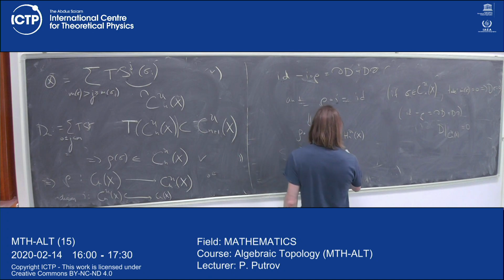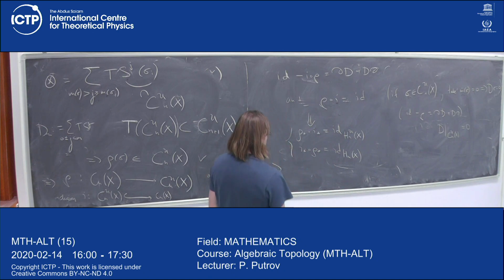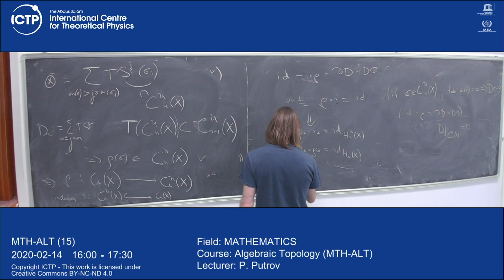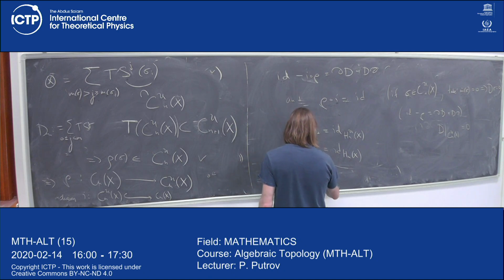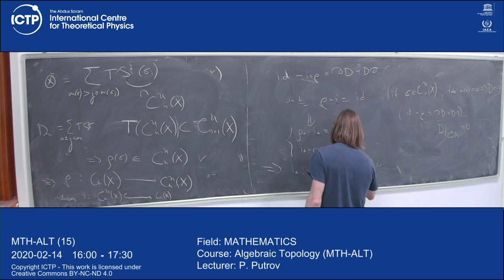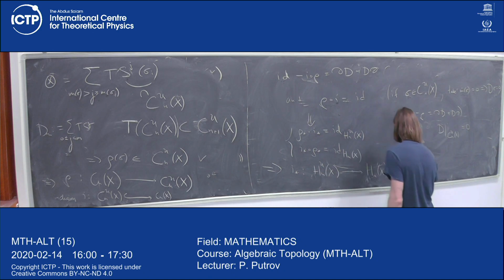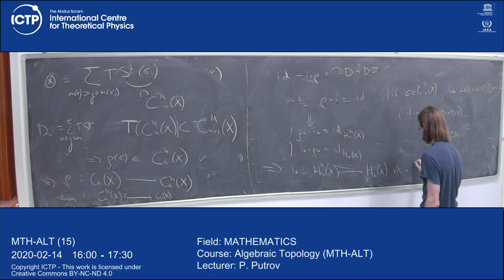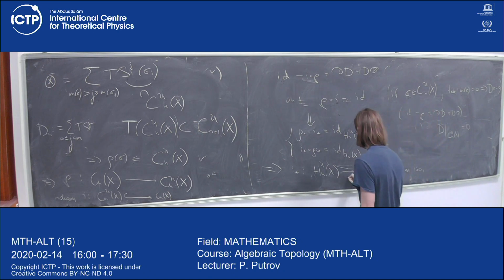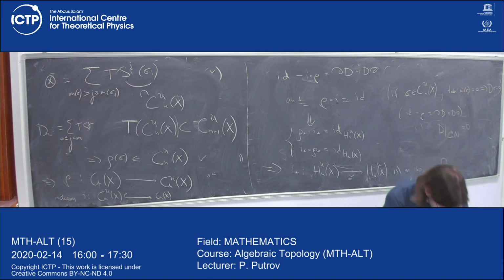This will be identity on the homology of X. And this means that I star is an isomorphism. This is a proof of the lemma.